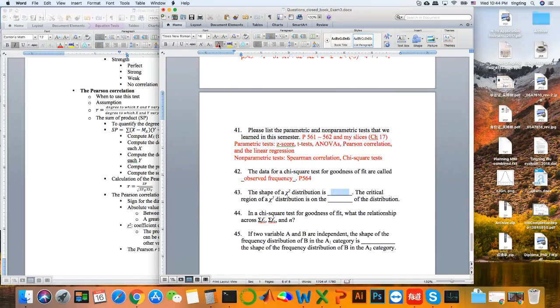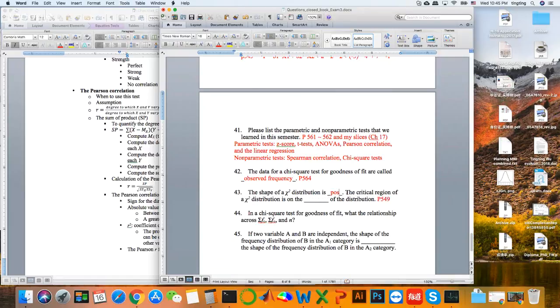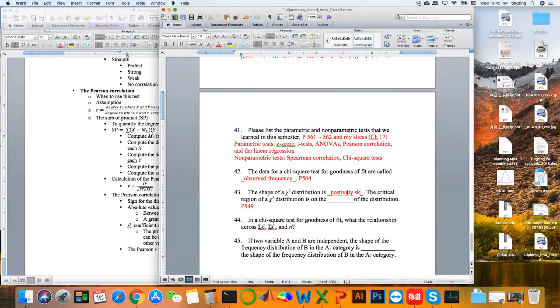This one is about the shape of the chi-square distribution and the critical region. Is it symmetrical, normal, positively skewed, or negatively skewed? Positively skewed.